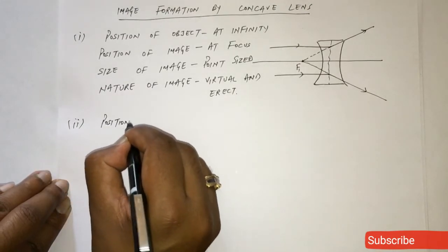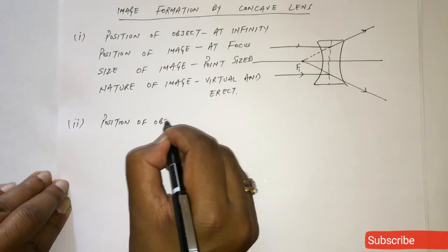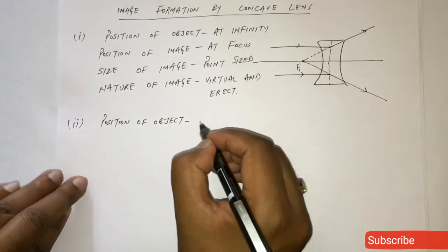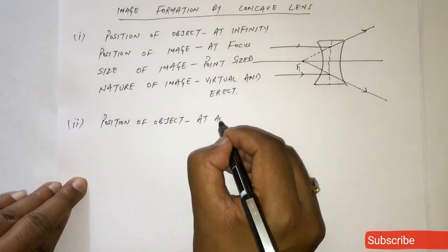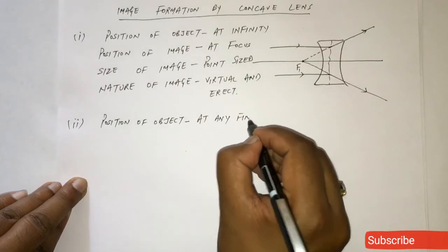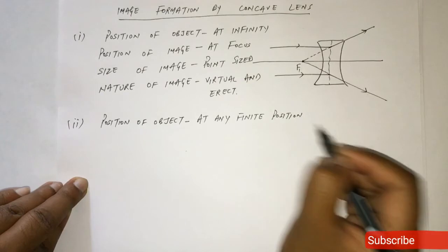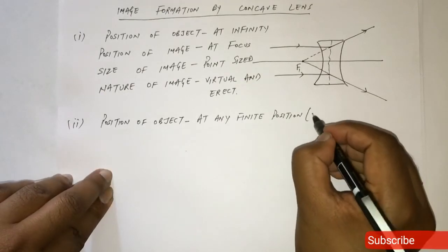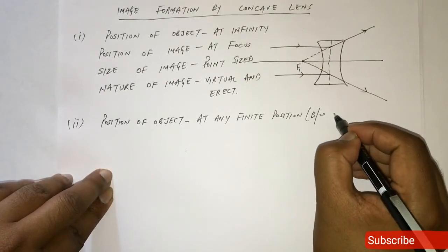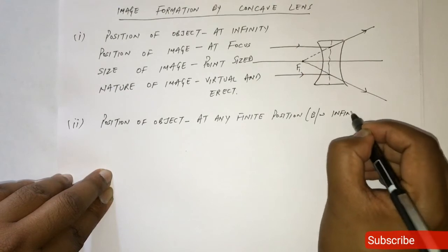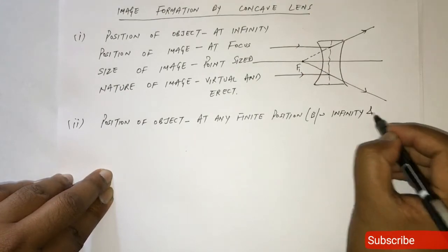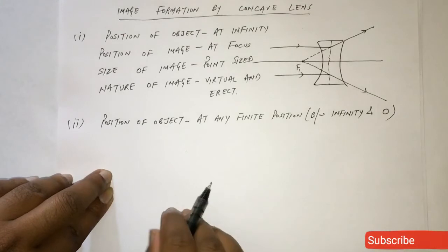Again position of object is at any finite position. At any finite position, or you can say between infinity and optical center.